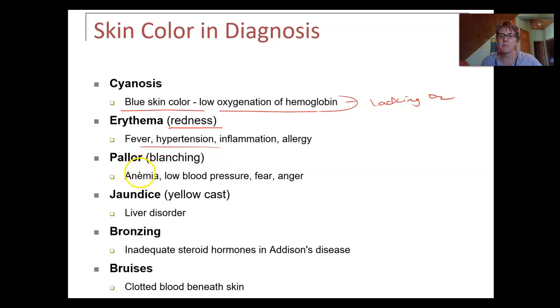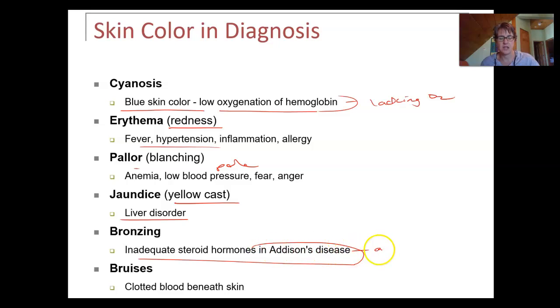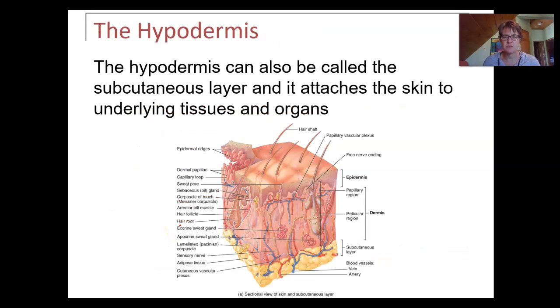You can be very pale due to low blood pressure. You can look kind of yellow, have jaundice. That is a liver disorder. Bronzing is Addison's disorder. That is of the adrenal gland. Adrenal glands are on top of your kidneys, and then of course there's bruising.